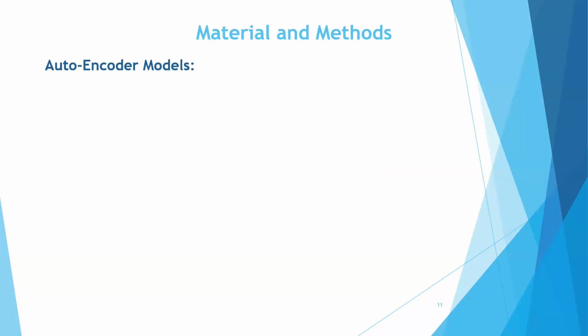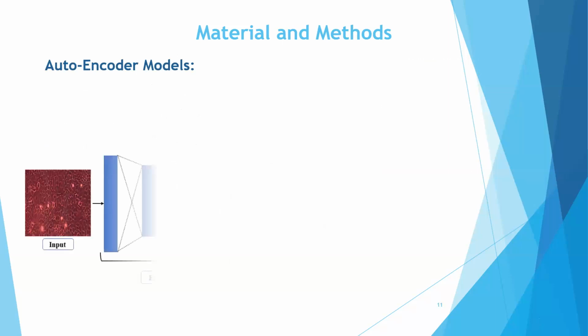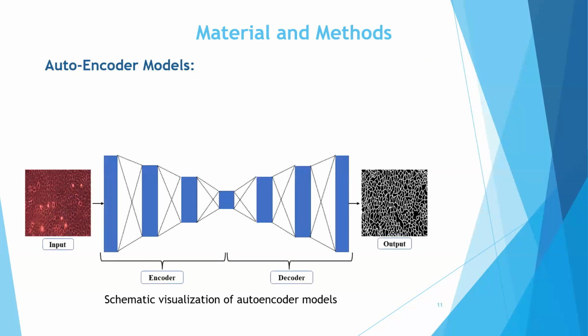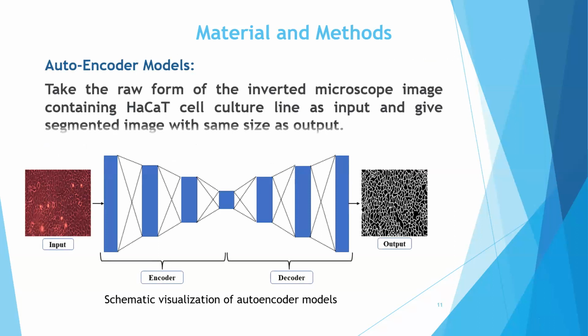Autoencoder models. In this study, highly accurate autoencoder models are developed for segmentation of HaCaT cell culture line in inverted microscope images. The developed autoencoder models take the raw form of the inverted microscope image containing HaCaT cell culture line as input and give a segmented output of the same size.